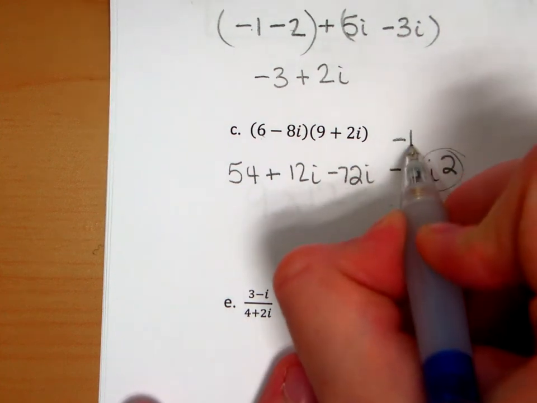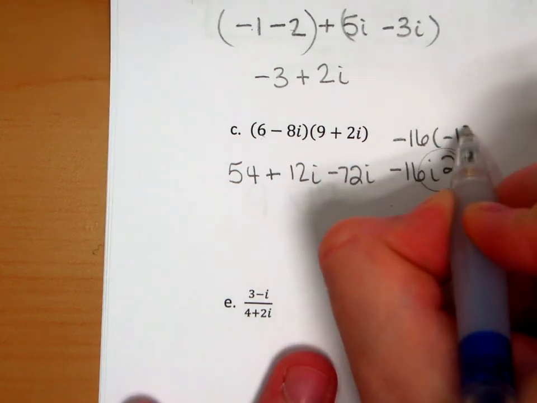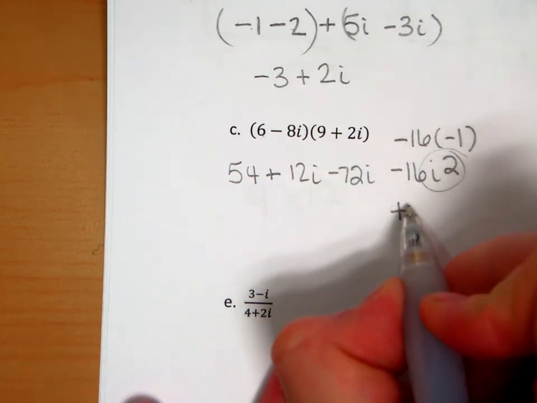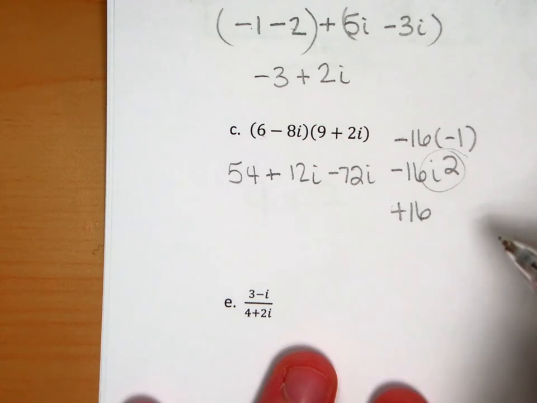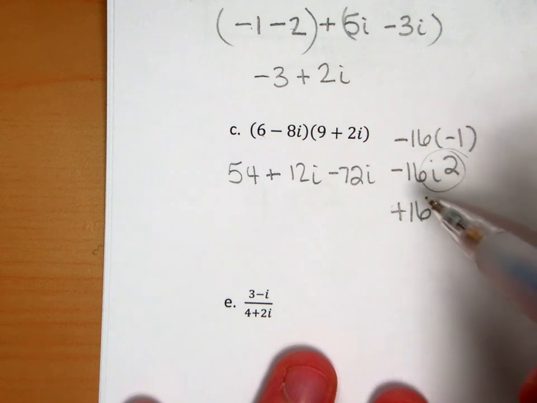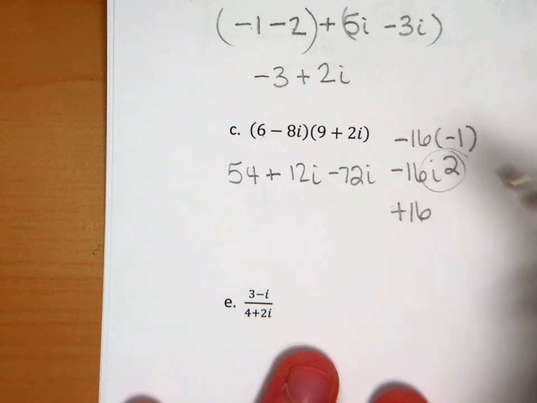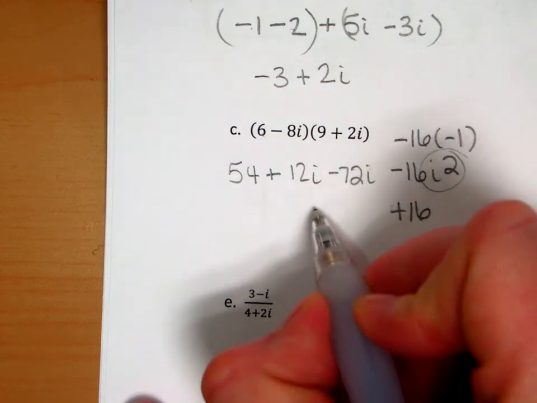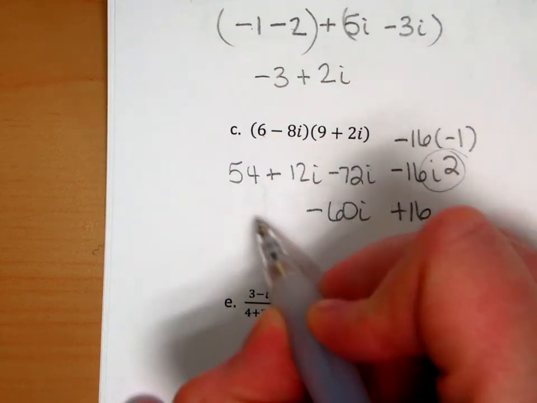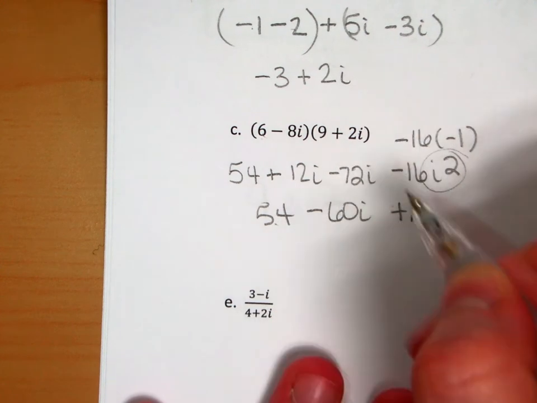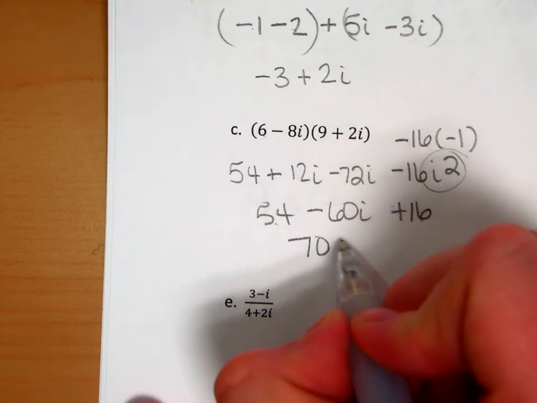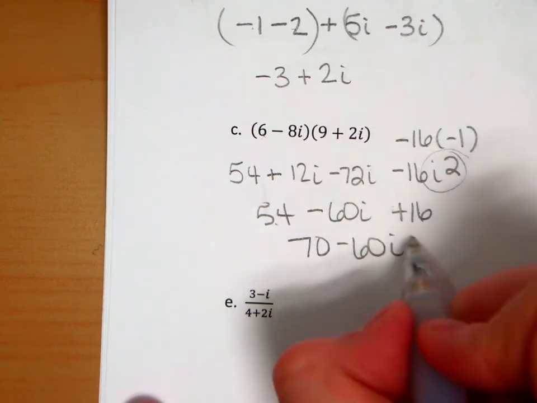This is really negative 16 times negative 1, so it becomes a plus 16. i squared will always change the sign of whatever numerical value is times it. Combine these, I'm going to get negative 60i and 54. 54 and 16 combine to give me 70 minus 60i.